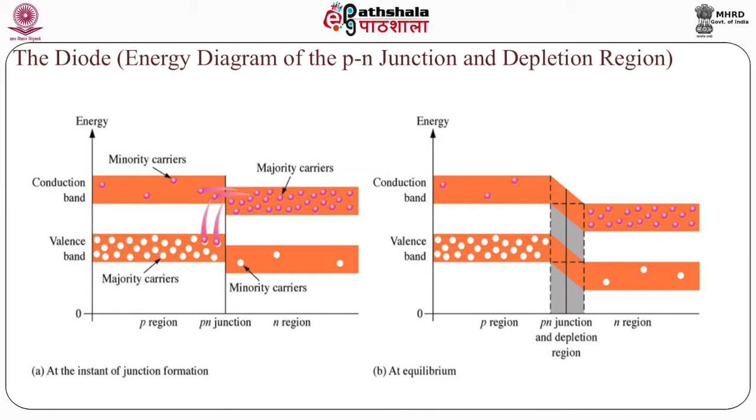It is depleted of free charge carriers. The thickness of this layer is around 10 to the power minus 6 meters. It is also called a space charge. A potential barrier is developed across the junction, and because of that an electric field is generated which behaves like a barrier, and further diffusion of the electrons is prevented by this electric field.